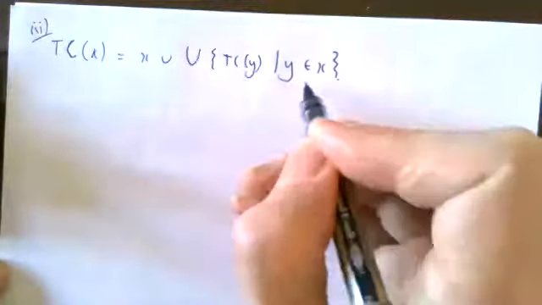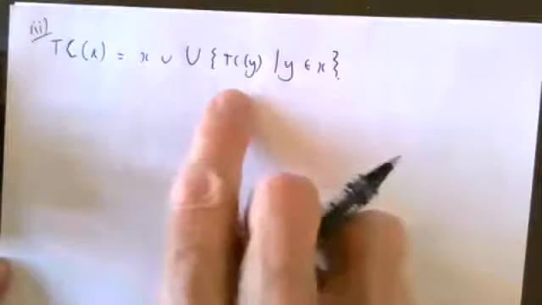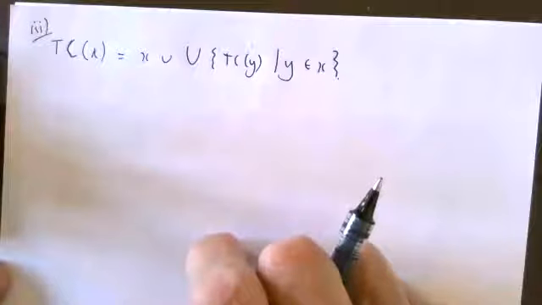It's the union of all the TC of Y's for Y in X. So actually, this is a basis for defining TC of X in terms of things we hope we already know, the TC of Y's for Y that are in X. So if I can compute all the TC of Y's for a member of a set, this tells me how to compute TC of X.